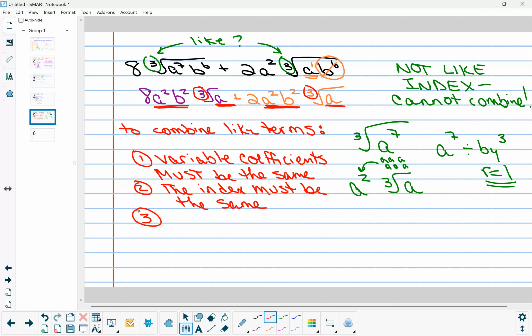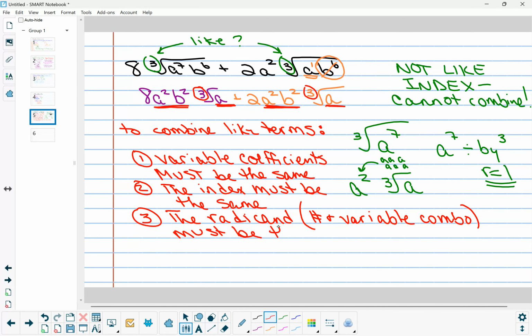And three, the radicand, number and variable combo, must be the same. And this is not an or, this is an and statement. All three of those things have to happen in order to combine those like terms.